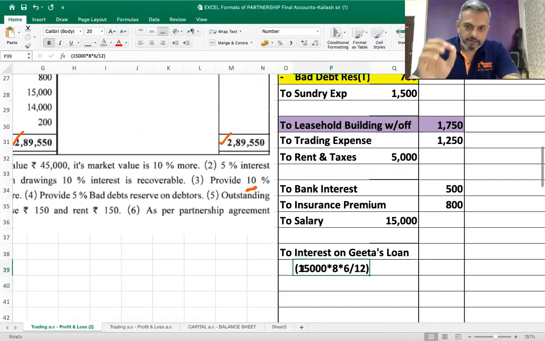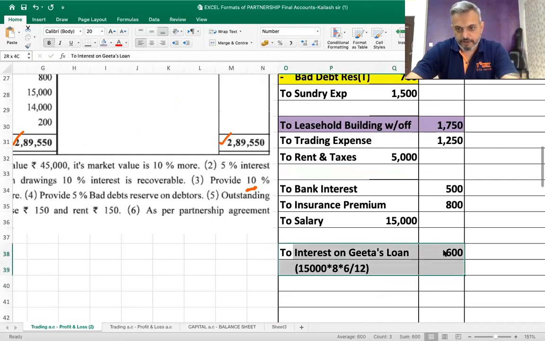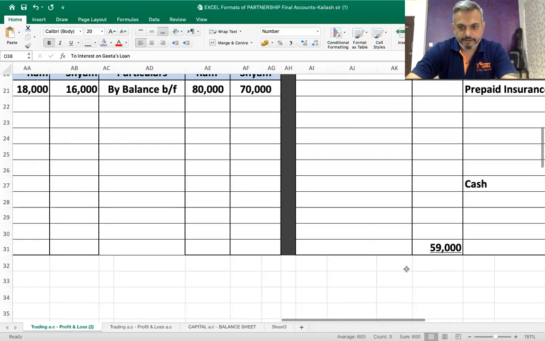Please always count the months properly. Don't make a mistake. So it comes to 600 rupees. This is once again your hidden adjustment. Give the second effect. Don't forget that.